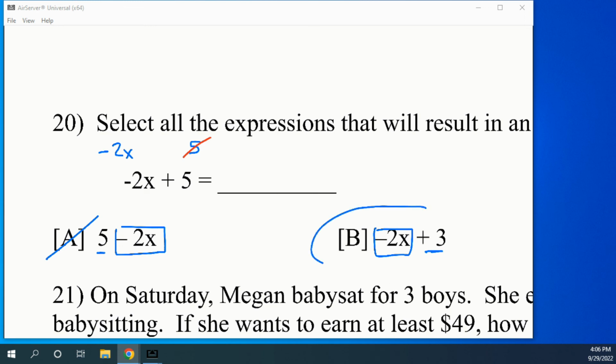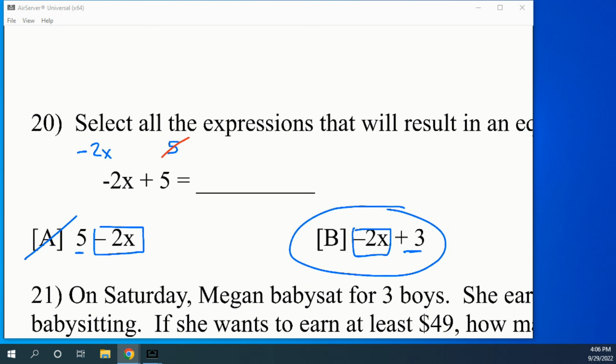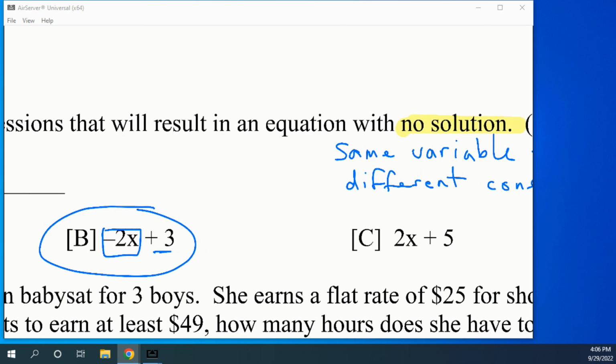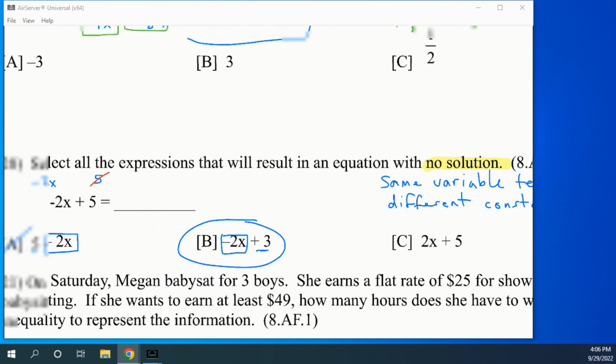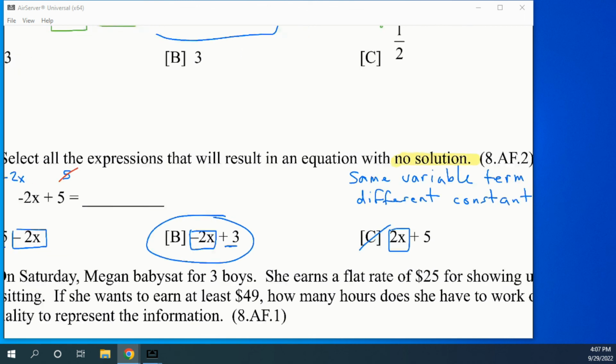So B works. C, 2x plus 5, that has a different variable term, so that is not going to result in either no solution or infinitely many solutions. That would actually get you a one solution equation. So C is not going to work.